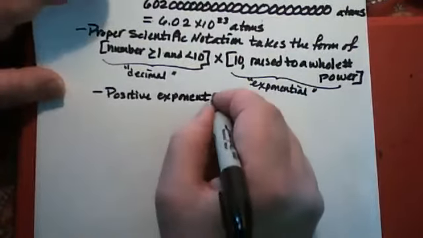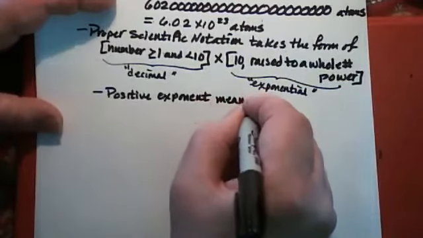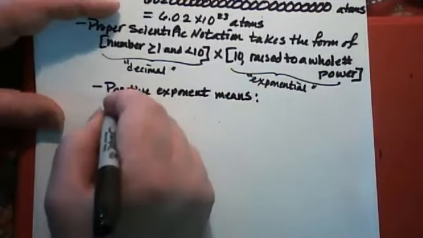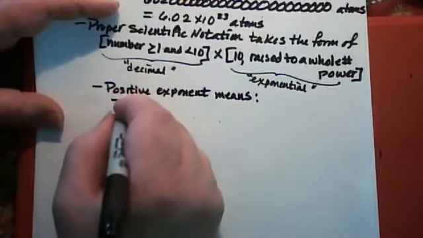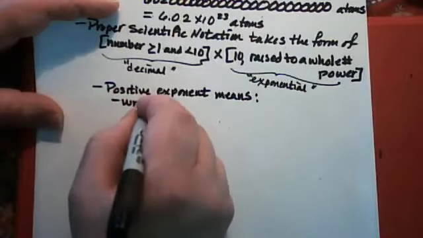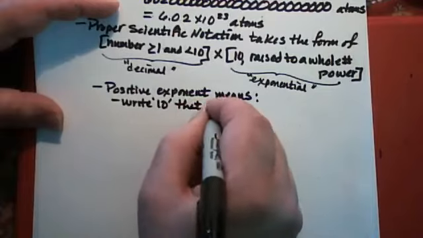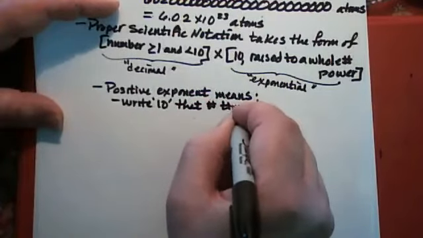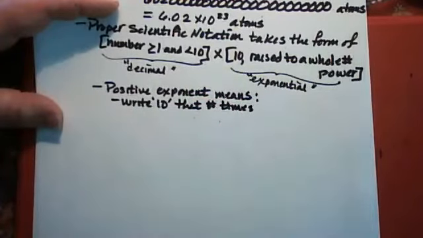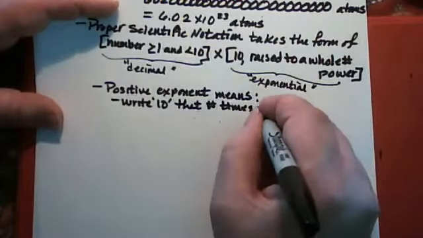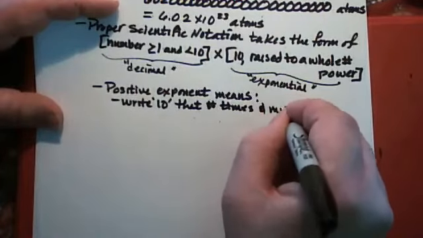And what a positive exponent means is that you write down the number 10 that many times and multiply them together.